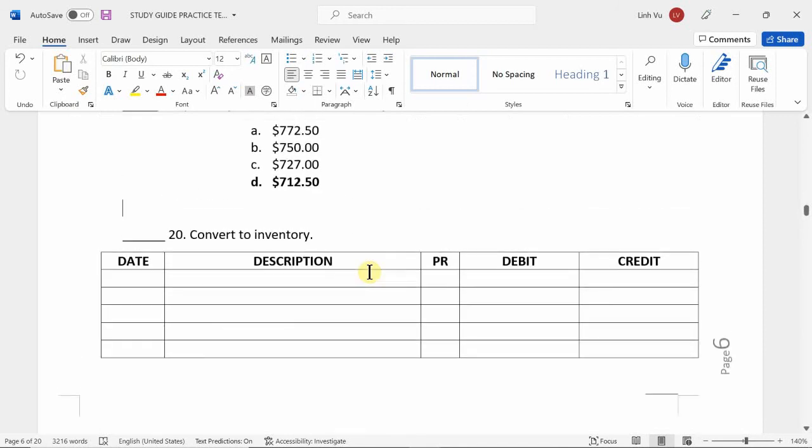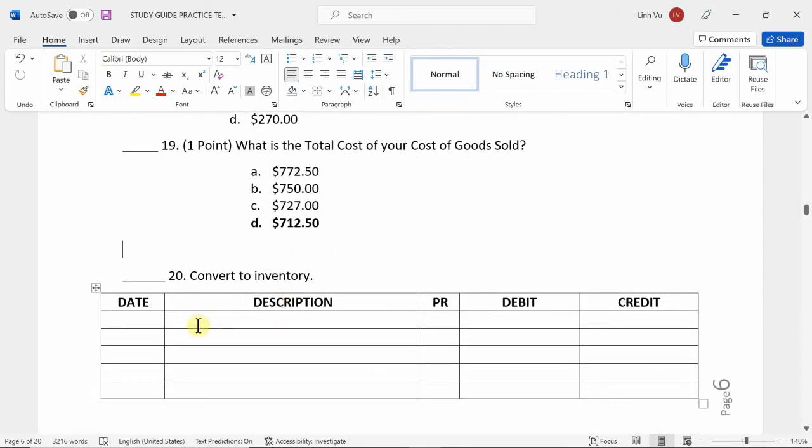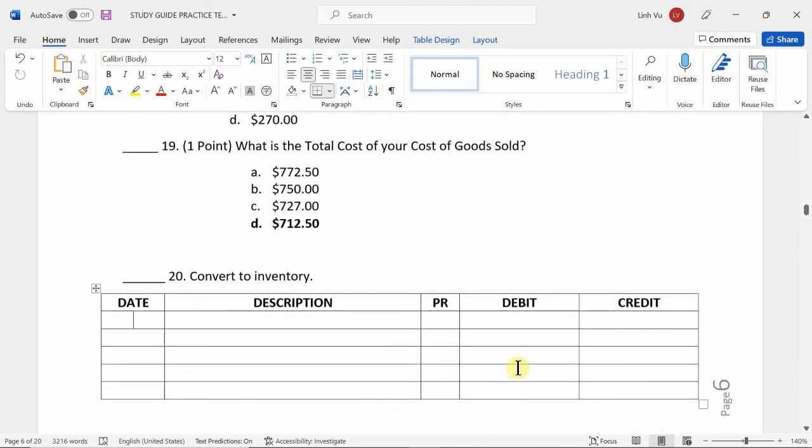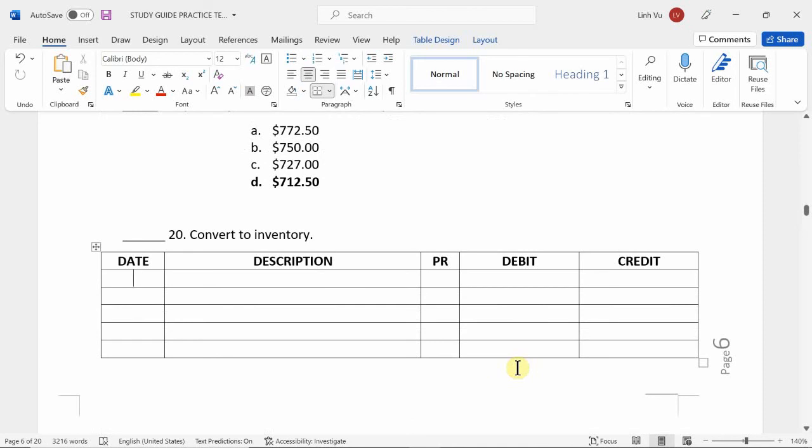And then of course, do the conversion entry. So in this case, how do I do my conversion entry for this exact problem here? We're assuming it's June 30th.